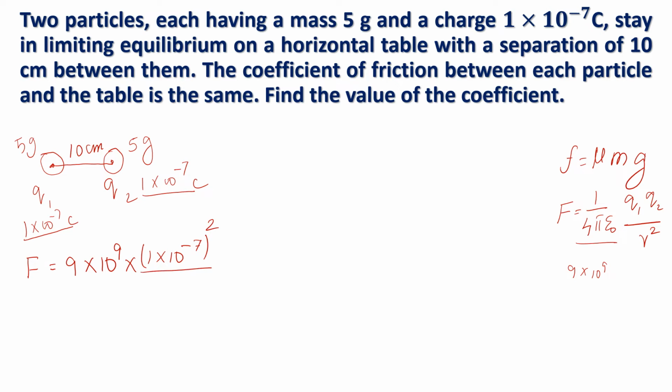The distance between the two particles is 10 centimeter, which is 10 into 10 power minus 2, or simply 0.1 meter, so r square is 0.1 whole square.